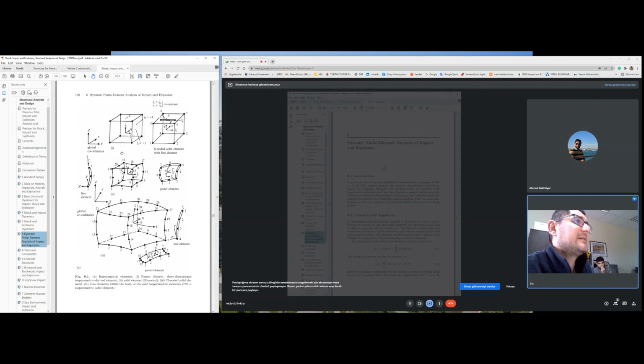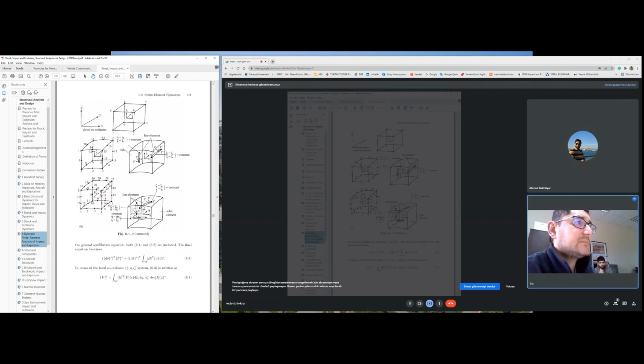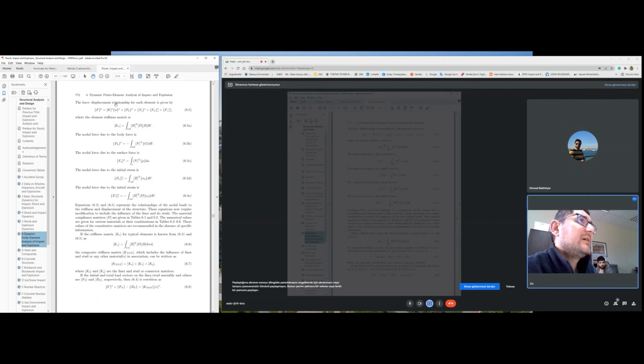Let me look at it like that. General elements, isoparametric elements. This is general info. It continues, and it is going to be applied to the force displacement system. Classical energy equations.